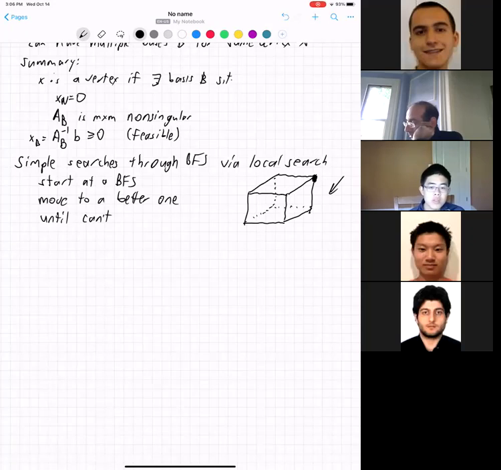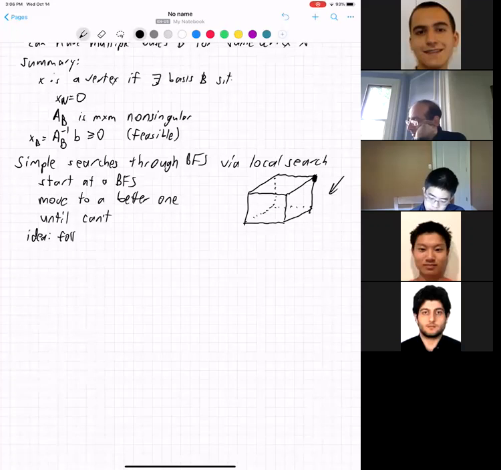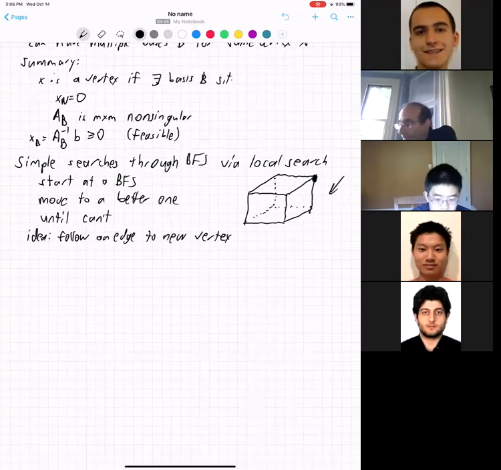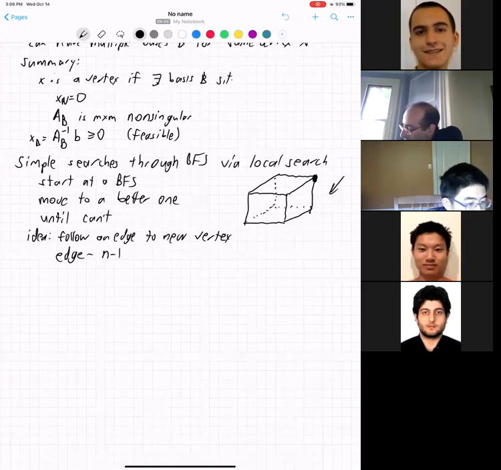You can try to swap one tight constraint for another one, which is like following along one of the edges. Exactly. So the idea is to follow an edge to a new vertex. Okay. And hopefully the edge is, you know, positively aligned with the objective function so that it improves the objective value. Okay. Now notice that an edge is defined by n-1 tight constraints.